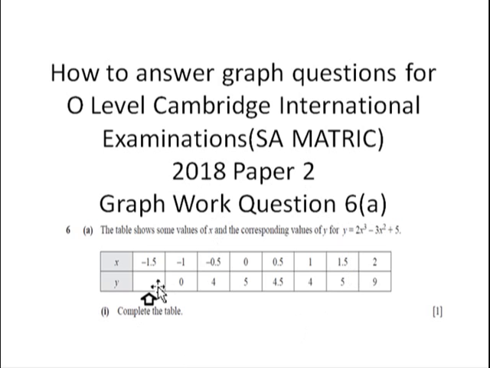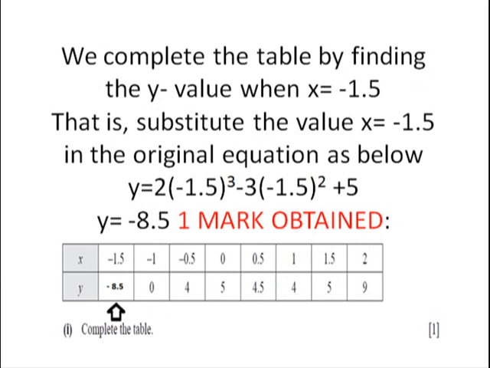So how we approach this question to get the y value: we complete the table by finding the y value when x is equal to minus 1.5. That is, substitute the value of x is equal to minus 1.5 in the original equation that they gave you.